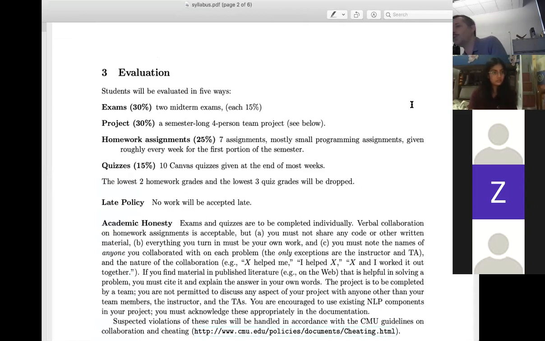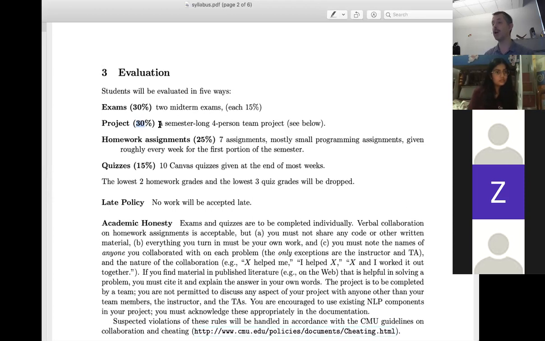There'll be two midterm exams, each worth 15% of your grade. They'll cover the first half and then the second half of the course. The project will be 30% of your grade.